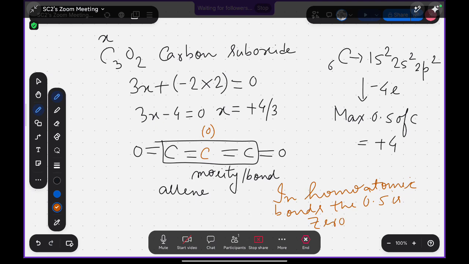Here the brown carbon atom is bonded to 2 other carbon atoms. So the oxidation state of carbon is 0. What about the other 2? The other 2 should be plus 2.